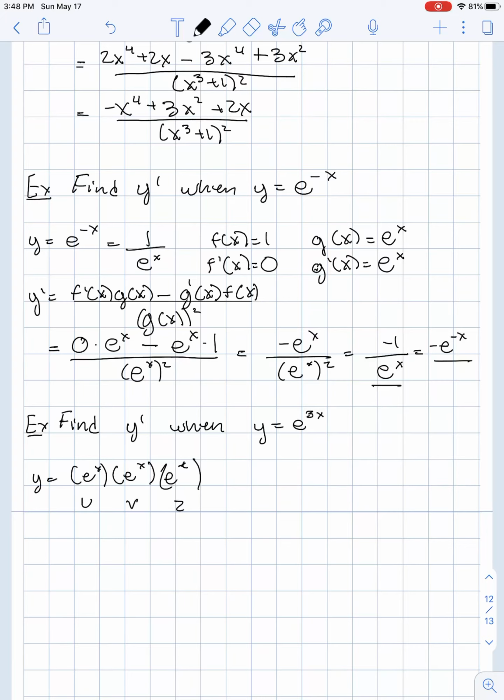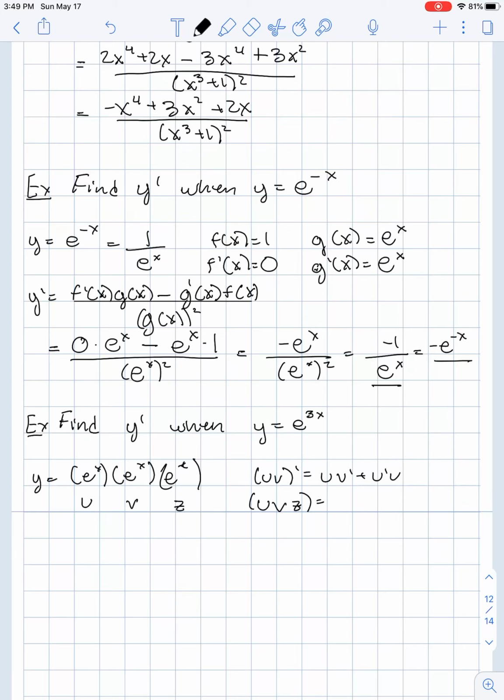So let's call these u, v, and z. Well, I know for normal product rule, u times v prime is u v prime plus u prime v. What about if I have u, v, and z?